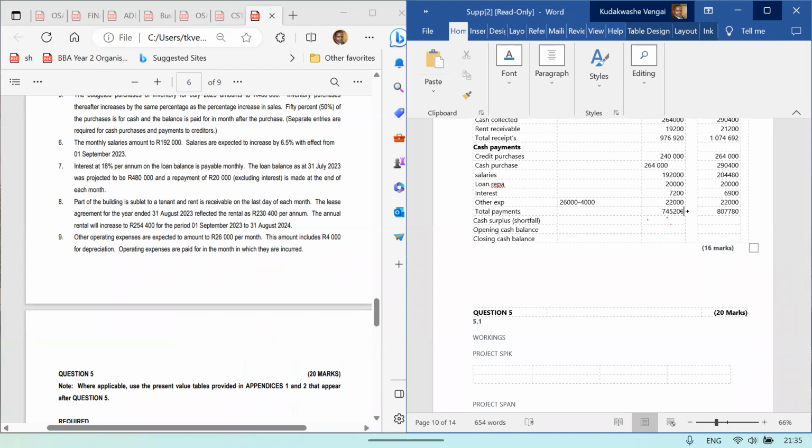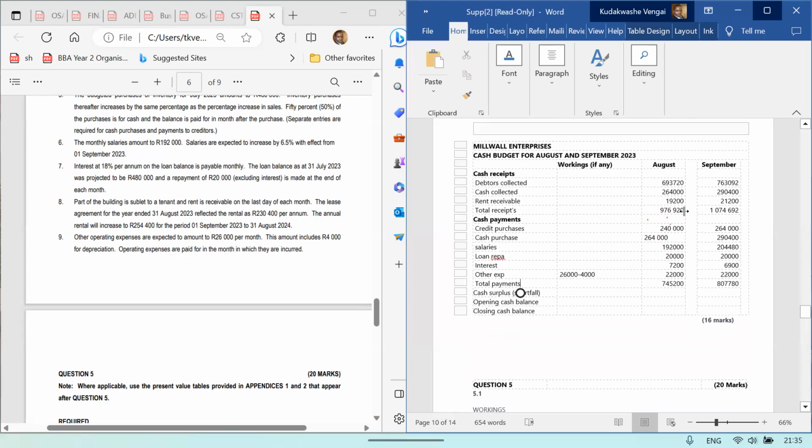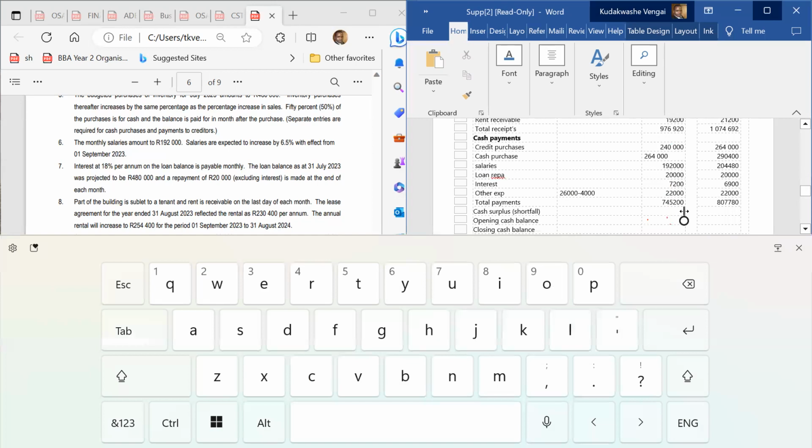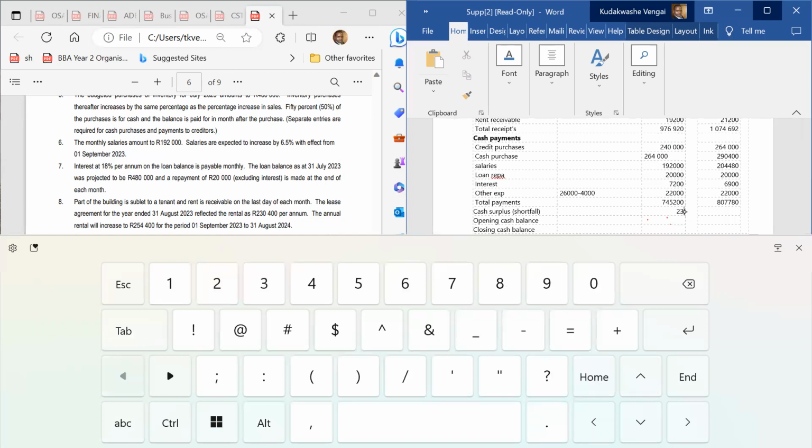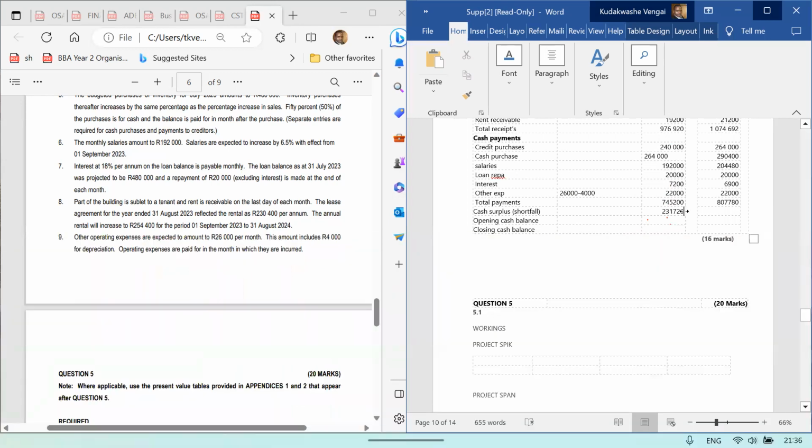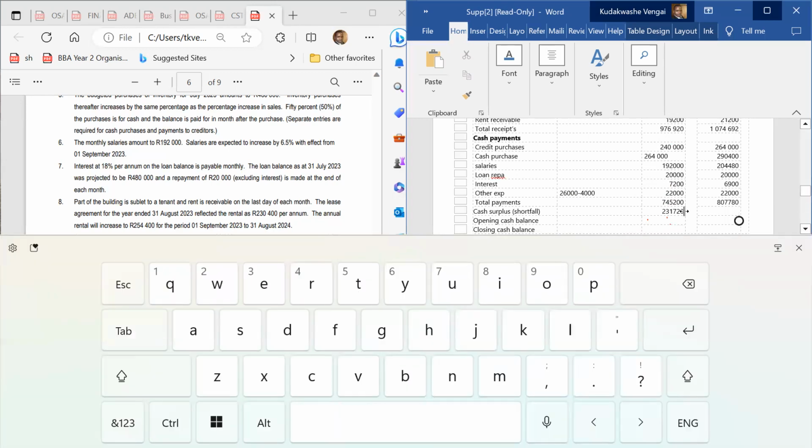So if you take 976,920, which is the total cash receipts for August, minus 745,200, which is the total payments for August, you get 231,720 surplus there. Are we together? I hope I haven't lost anyone here.